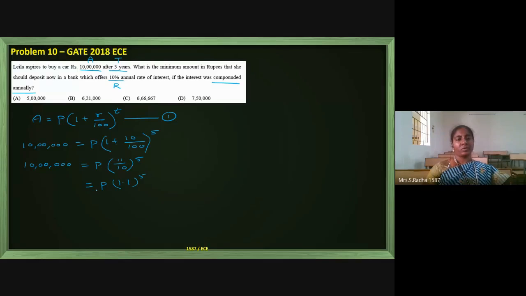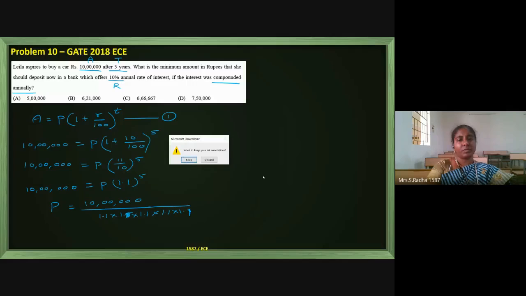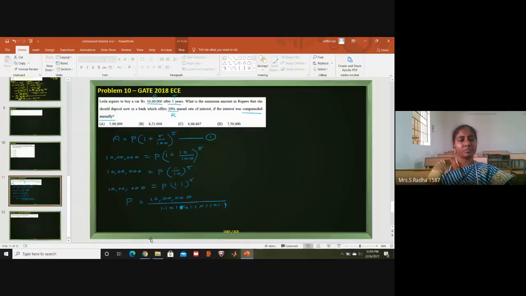And if you take P as subject, 10 lakhs divided by 1.1 into 1.1 into 1.1, 5 times 1.1. So we will calculate what this value is.